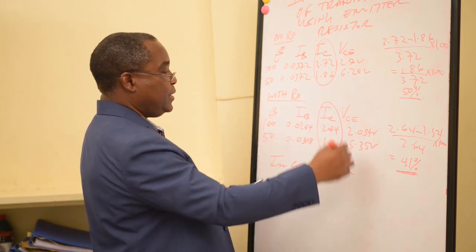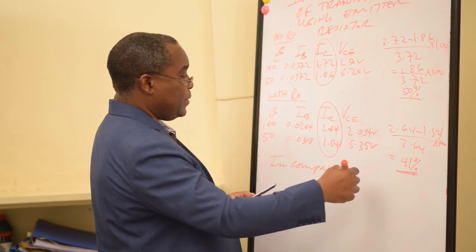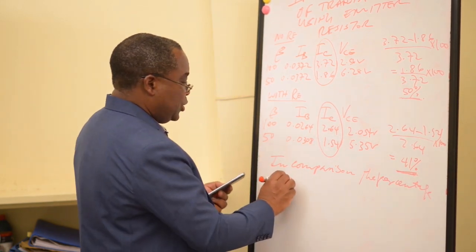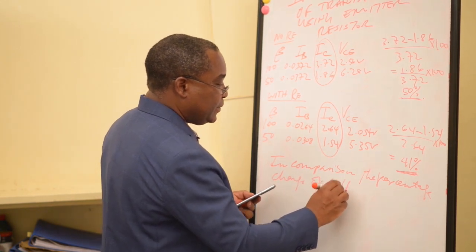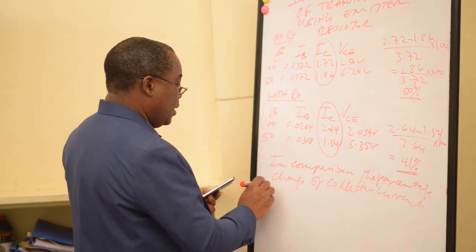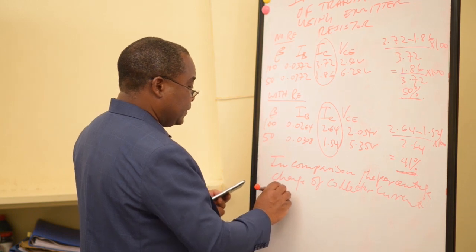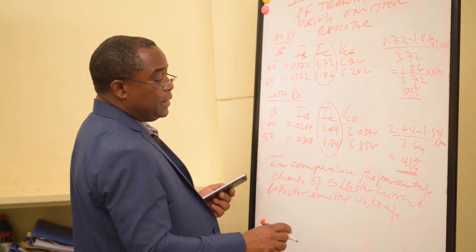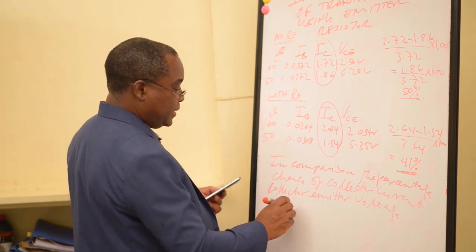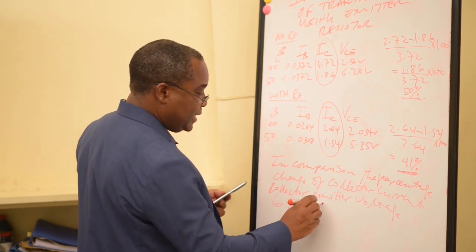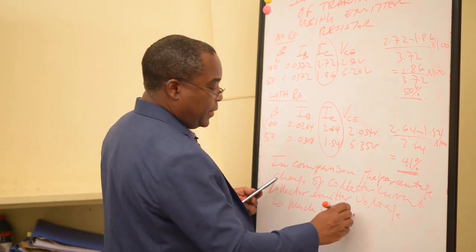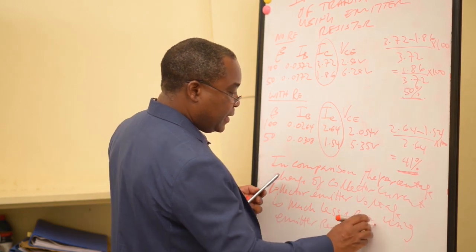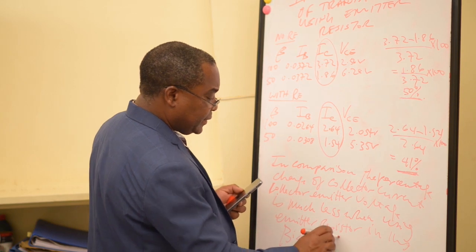So in comparison with these two tables, we've compared the percentage change of collector current, and also the collector emitter voltage, yeah, the percentage is much lesser when we are using an emitter resistor in this biasing transistor circuit.